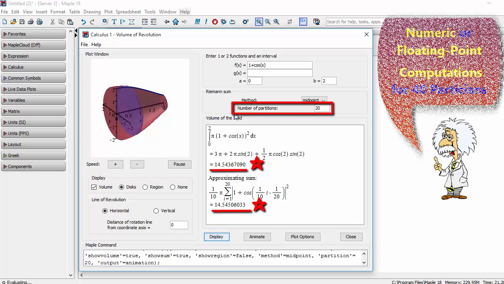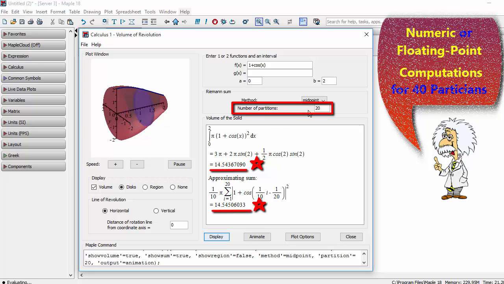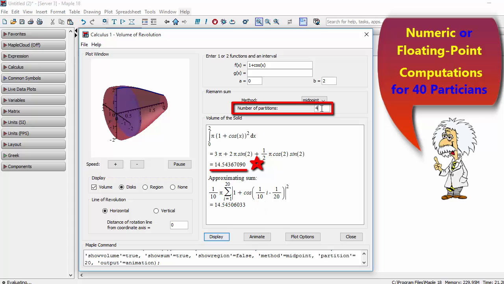Again, by increasing the number of partitions, disks, for this volume, for example, for 40 partitions, disks, we can obtain the following amounts.